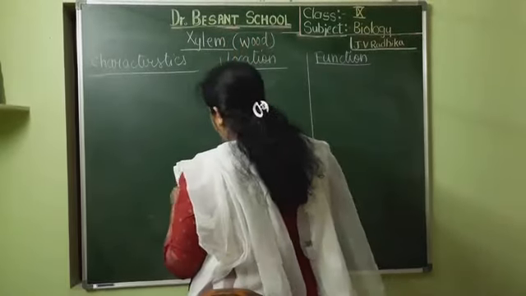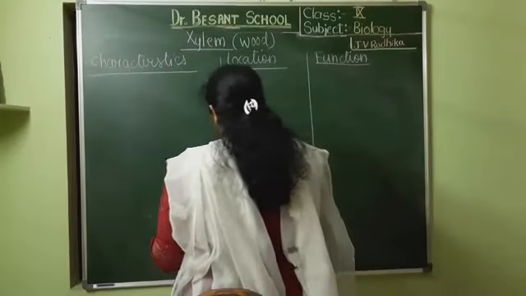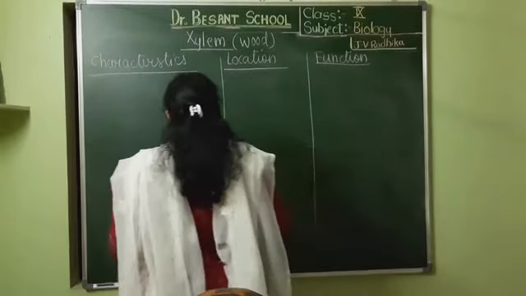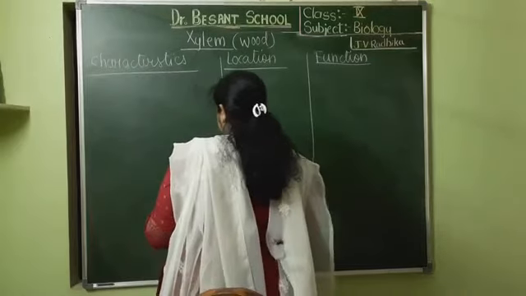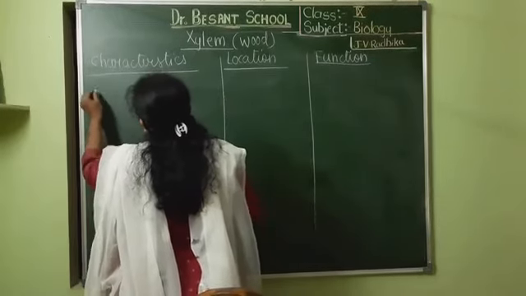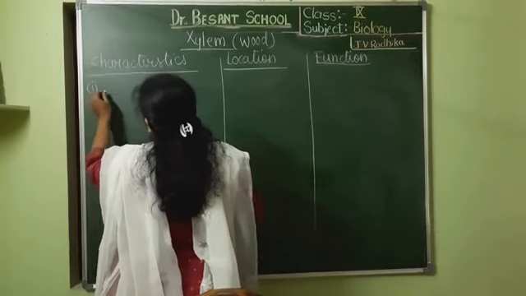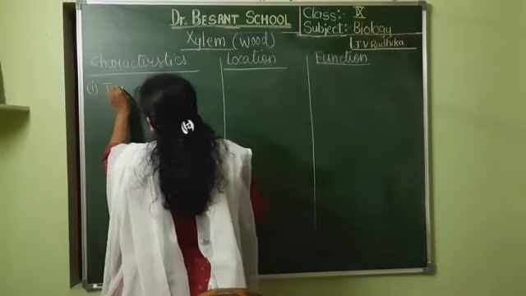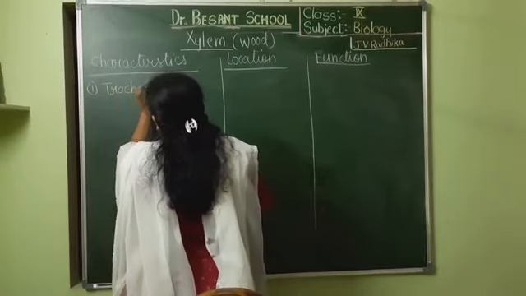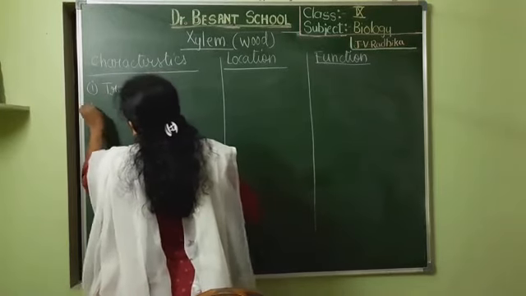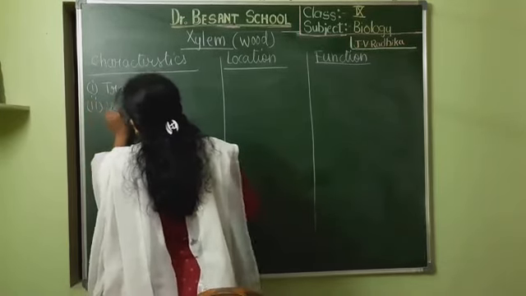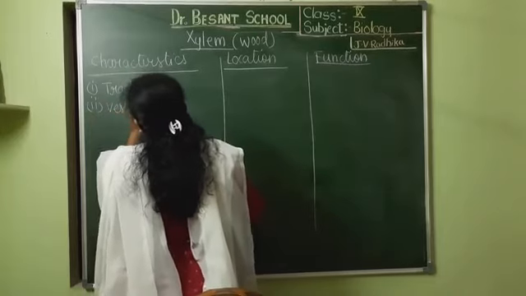So here we shall be seeing about the four elements that are present. The four elements here I write. They are tracheids. Second one is vessels. Normally what are vessels?